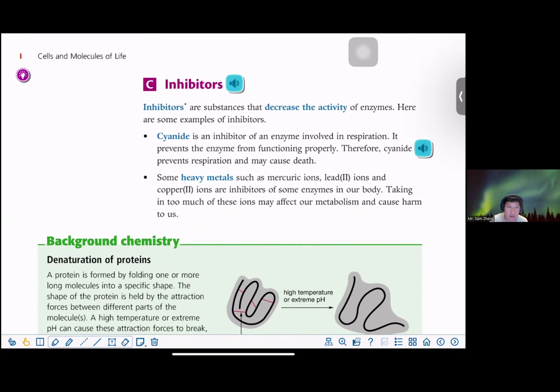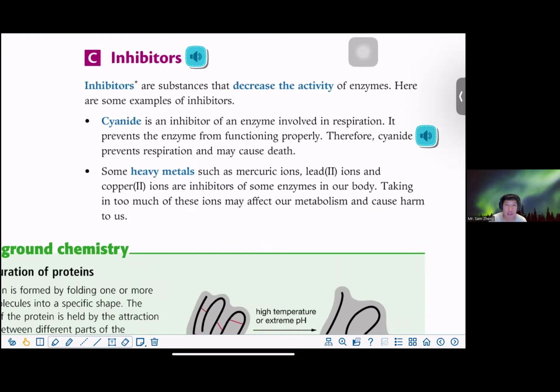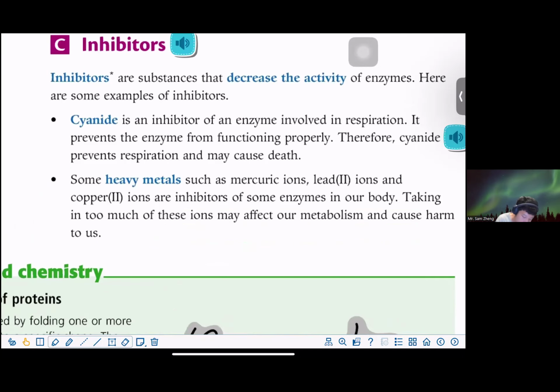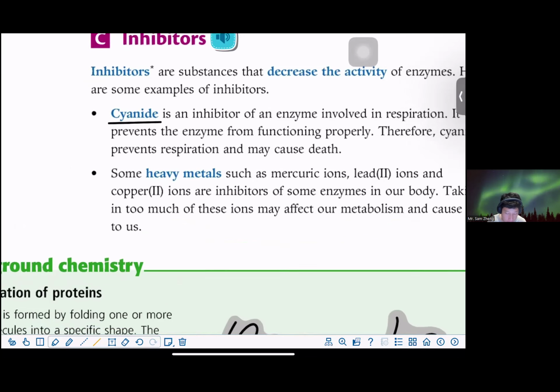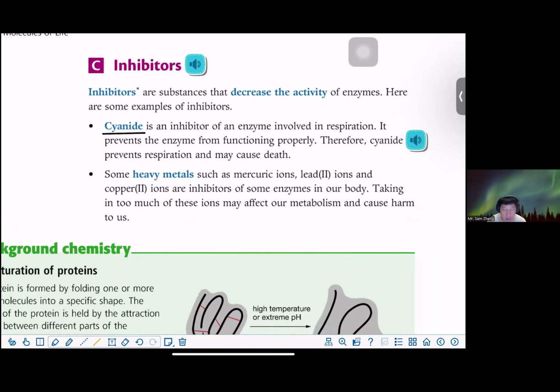So why will there be such inhibitors? For example, what we call cyanide. Cyanide is actually a type of inhibitor. This inhibitor is a substance that can prevent the enzymes from performing the function properly.